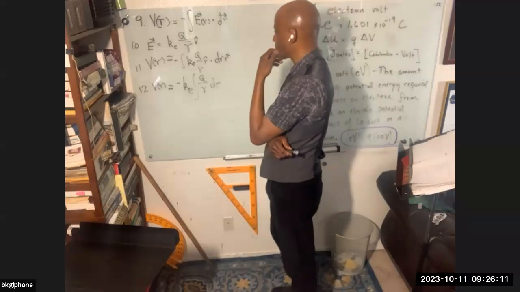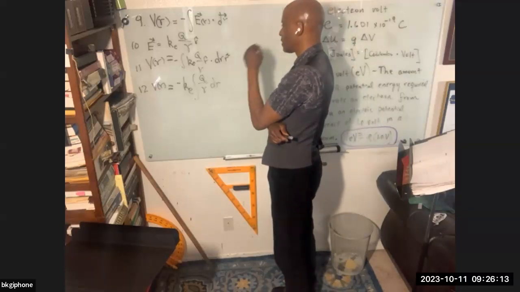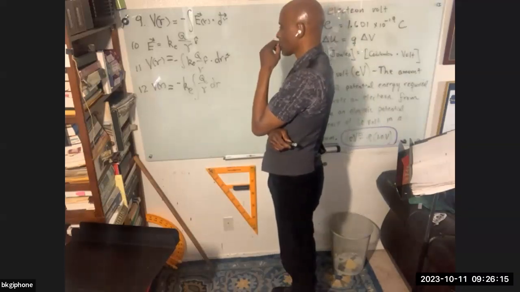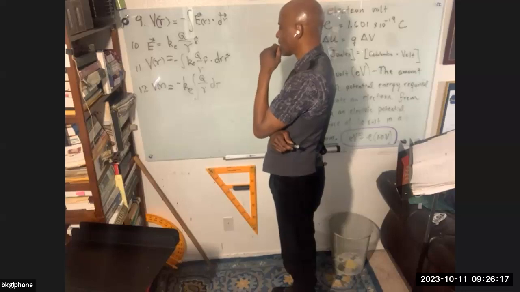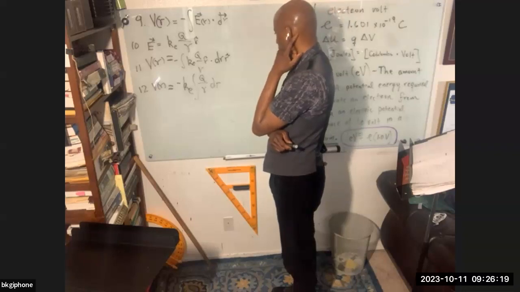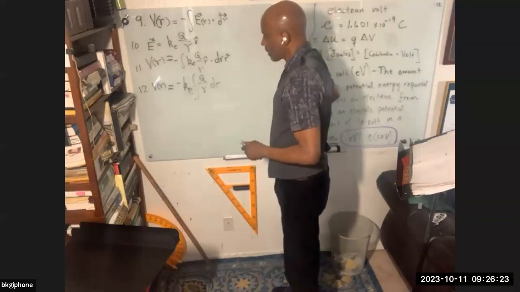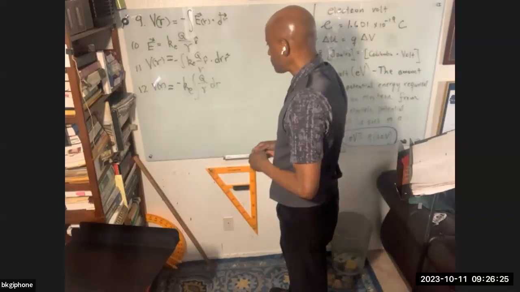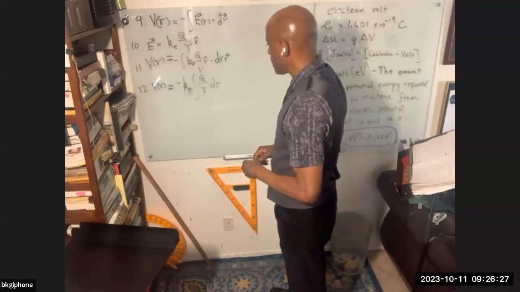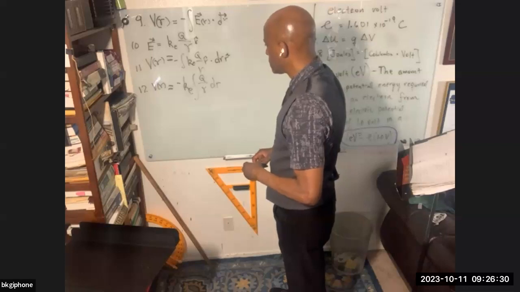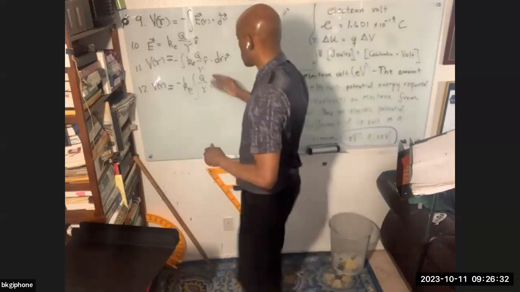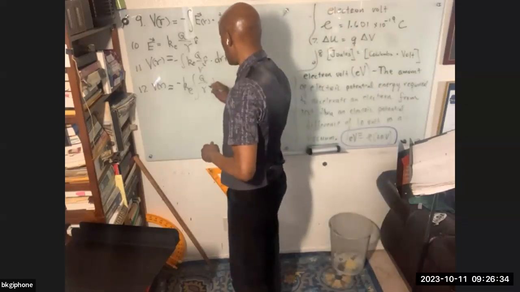The negative charge is 180. No, I keep it. I think you keep it. We keep the signs, so we're good. Actually, it should have been r squared. So that should be r squared.